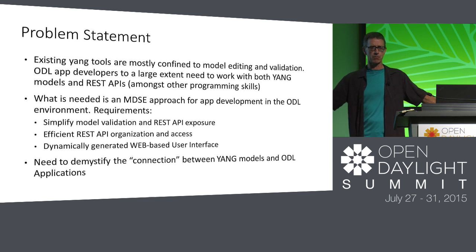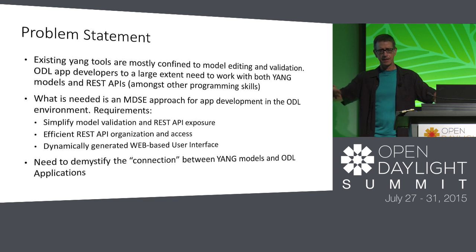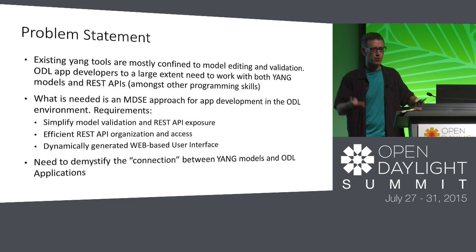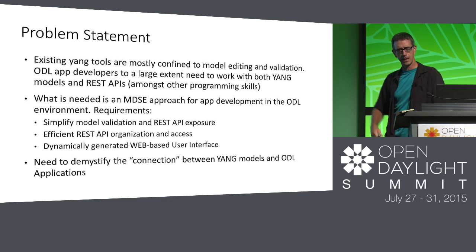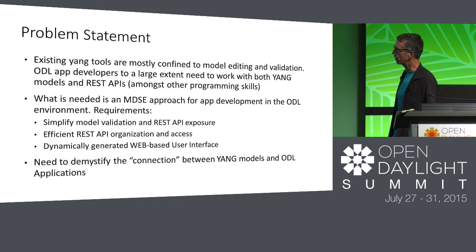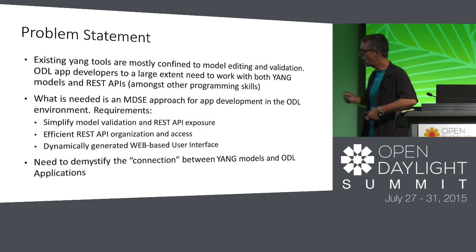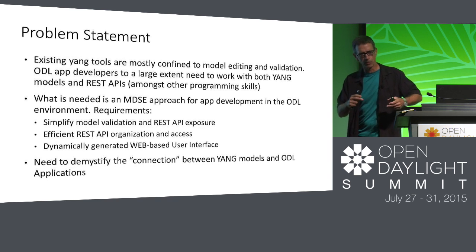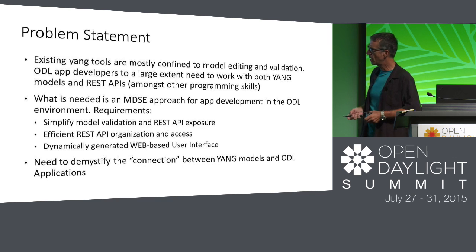We also want to simplify the REST API exposure. It's all about REST. All the code that we write at the end of the day is likely going to make some sort of REST call to something out there, ask it for information, get the response back, or push or post something into the network. Postman does a nice job of organizing and making it easy to call up and test these REST APIs.